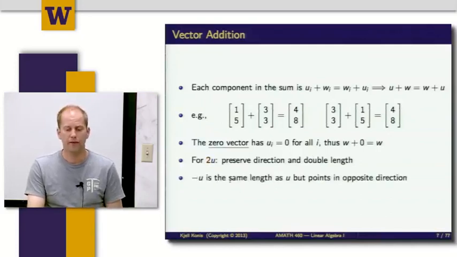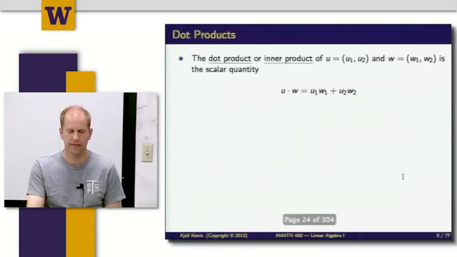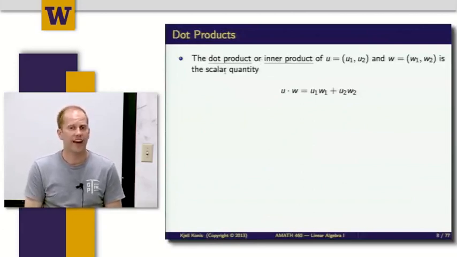And then minus u, you can think of that as being the same length as u, but just pointing in the opposite direction. So that covers addition and then the operations of working with vectors using scalars.